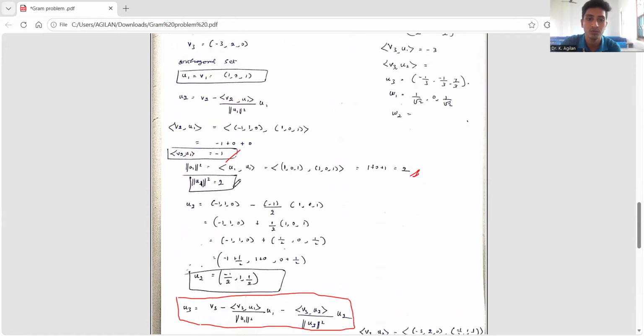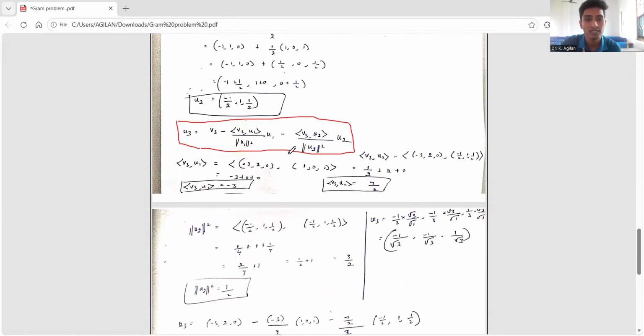So U1 is nothing but V1, so substitute the V1 value here. So what will be the answer? Minus 3 into 1 is minus 3, 2 into 0 equals 0, 0 into 1 is 0. So finally, the inner product of V3 comma U1 is nothing but minus 3.